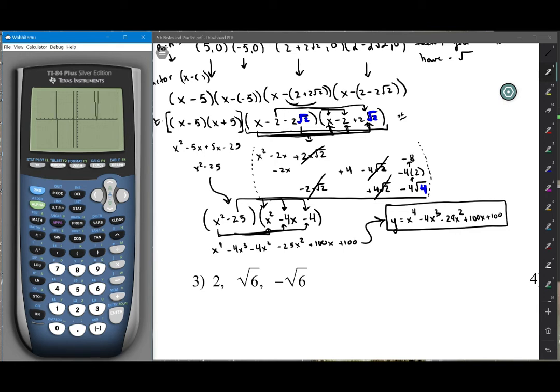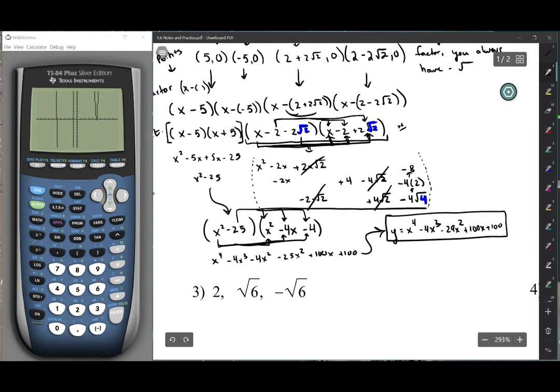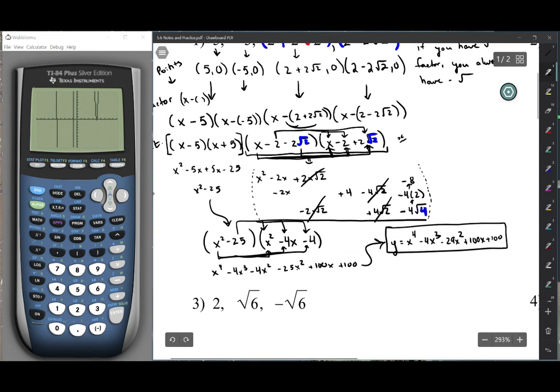Here, this is actually negative root 2, or root 2. And then there's our other two zeros. So we just made that formula, and it goes through all those points, okay? So that's a good way to check to see what's going on. All right? Great job with that one. I know it was a little bit of a headache. We'll do a little bit more practice here, okay?